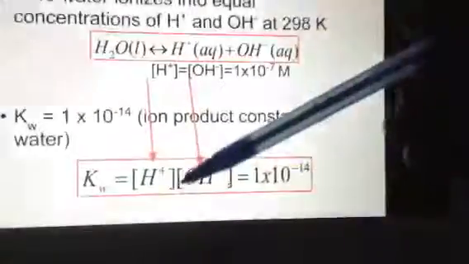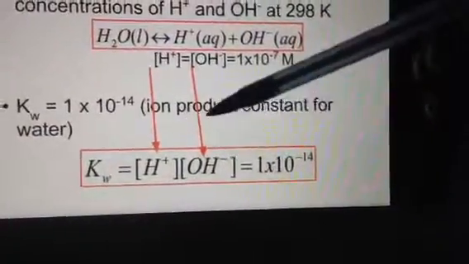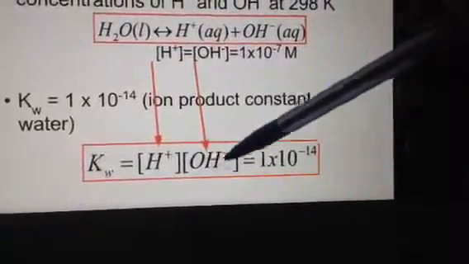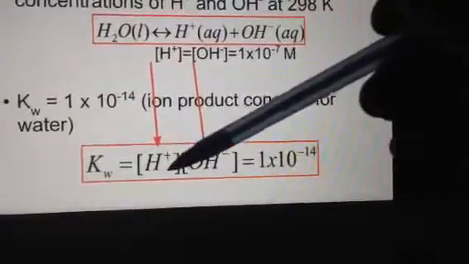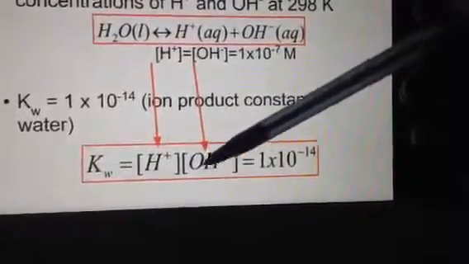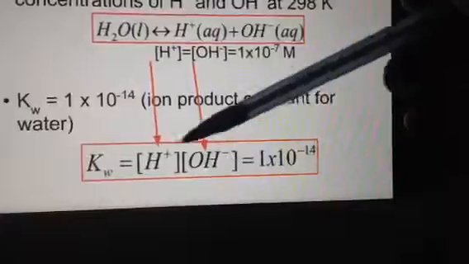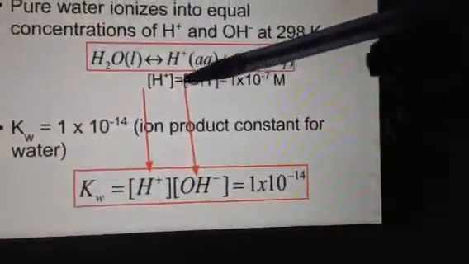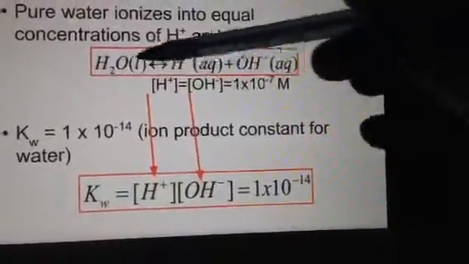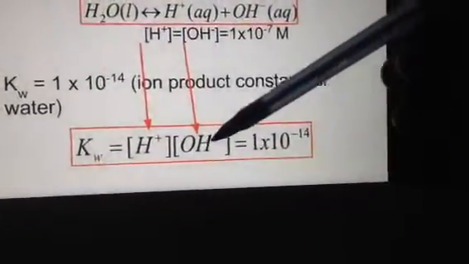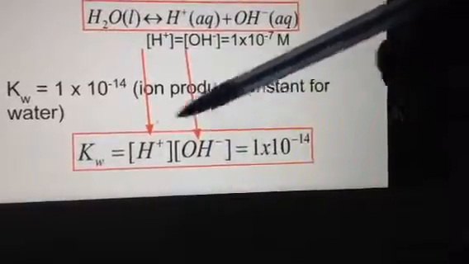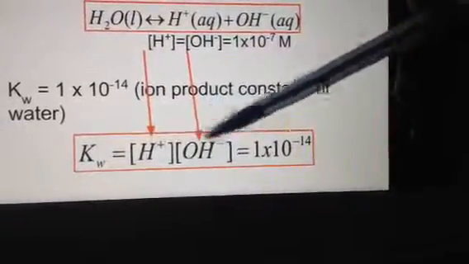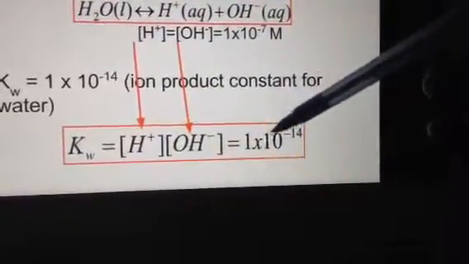Let me slow that down. Let's say I had a liquid where I had a bunch of OH minus ions, making it more basic, and a lot fewer H plus ions. If I multiply their concentrations together, theoretically, it will come out to this number. So it doesn't matter that they're the same value, as in water. It could be pretty much any other liquid, if there are H's and OH's involved. If I multiply them, you're going to get this number no matter what.